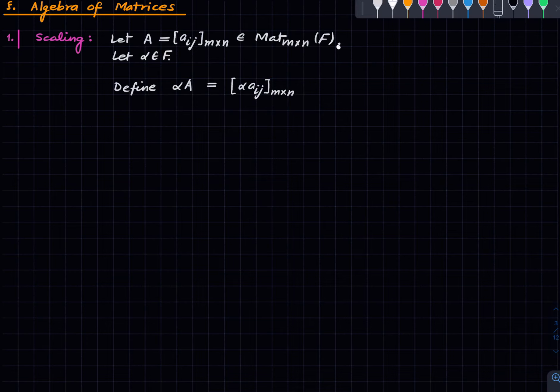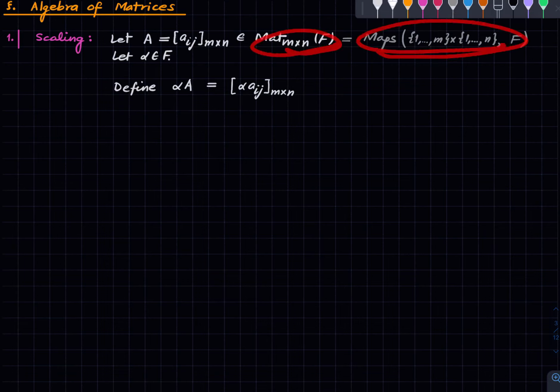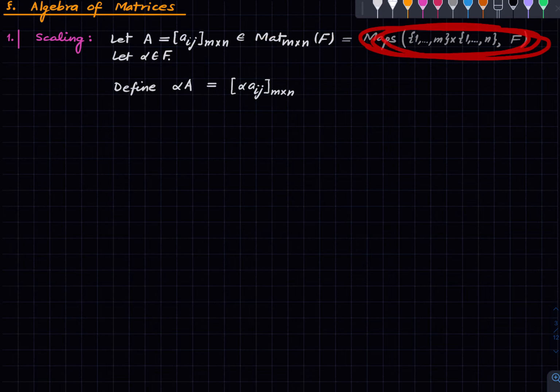In other words, if you think of these just as maps from this set to that, which they are, this is exactly that in the formal picture. This is how we scale an element of this vector space. This we know is a vector space, and this is how we used to scale things in this vector space.